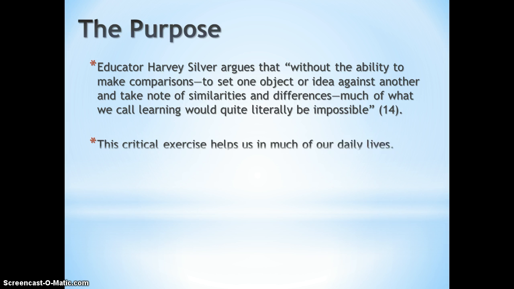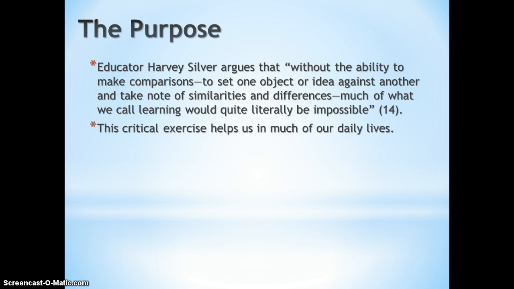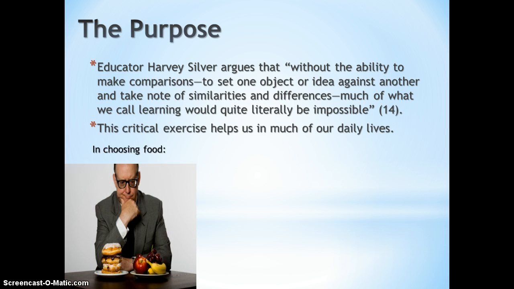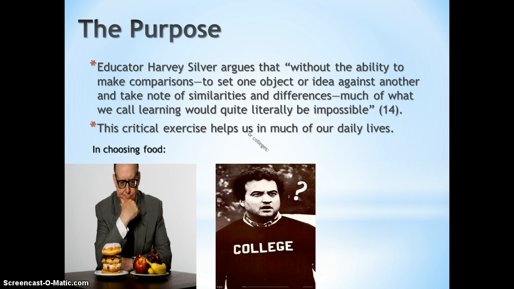And this is important, because the critical exercise of compare and contrast helps us in our daily lives to make all sorts of decisions, between choosing food, or which college we should go to. When you think about just why you went to UNCP, even if it was a financial reason, you still have ideals. What your ideal college would be, what your backup was, you probably had a backup college.